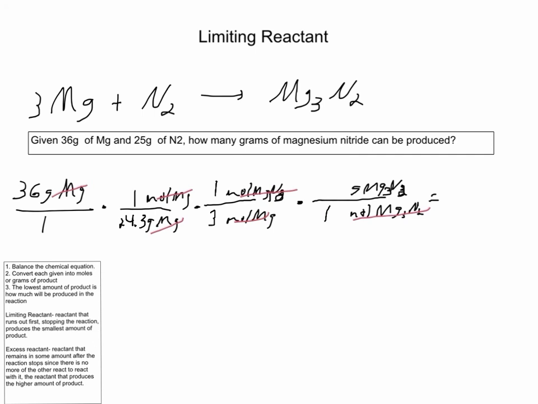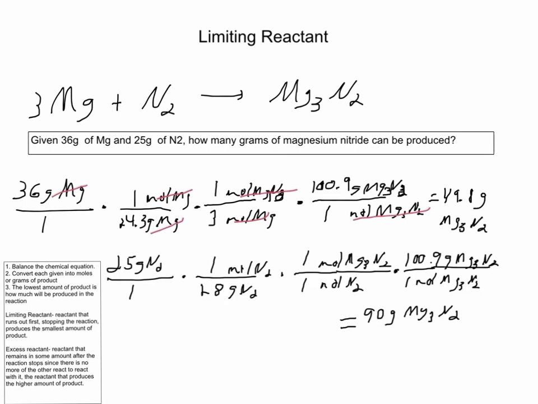So 1 mole of magnesium nitride is 100.9 grams. So we solve this and get 49.8 grams of magnesium nitride. So now we do the exact same thing, but starting with the other given.